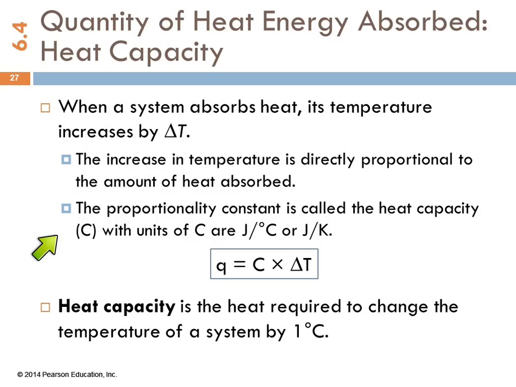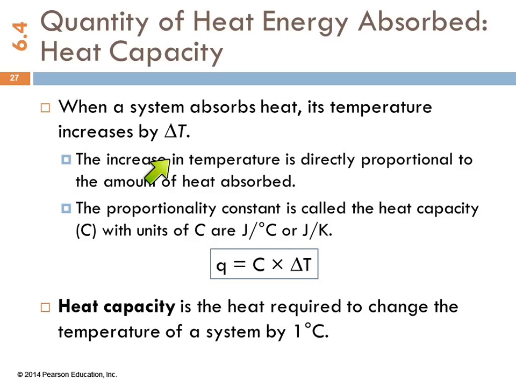And the proportionality constant for that is called heat capacity, and that has the symbol capital C. The units of heat capacity are joules per degree Celsius or joules per Kelvin. Now remember that degrees Celsius and kelvins, the units are the same size.